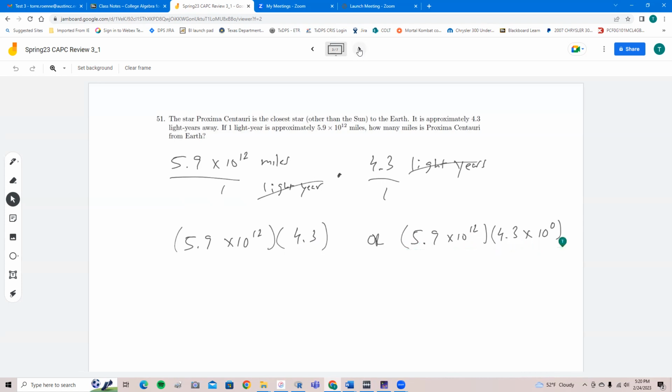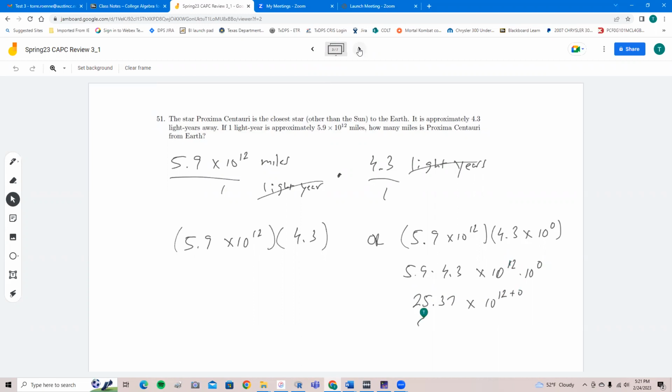I can think of this as 5.9 times 4.3, all of this, times 10 to the 12th, times 10 to the 0. 5.9 times 4.3, that's 25.37 times 10 to the 12 plus 0. Remember, you add the exponents together, still 12, it didn't change anything.